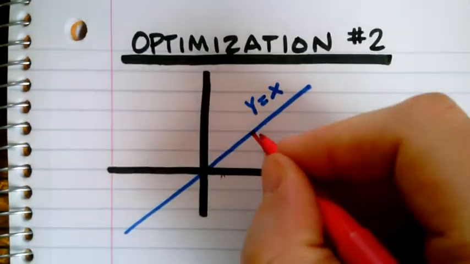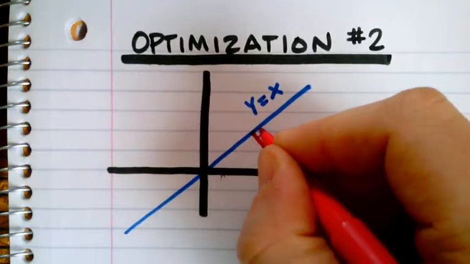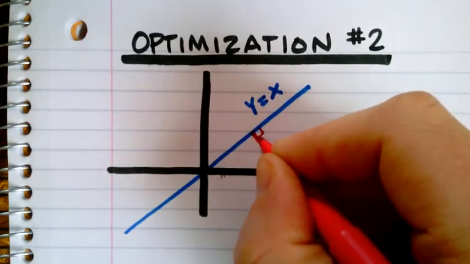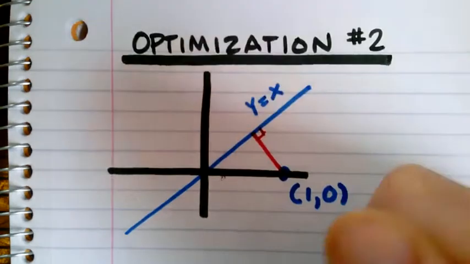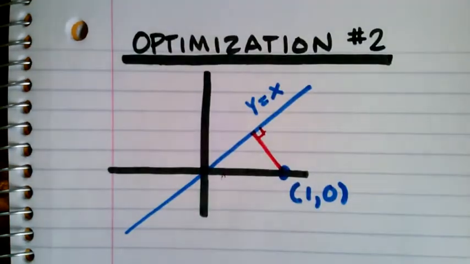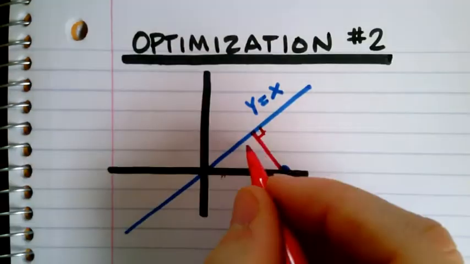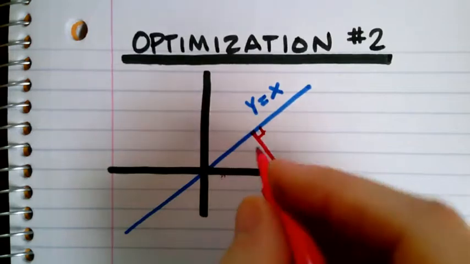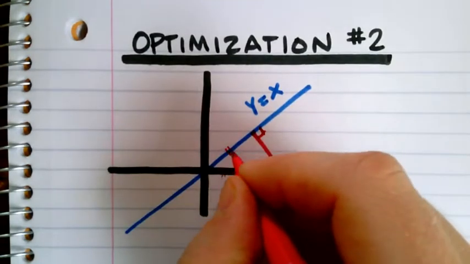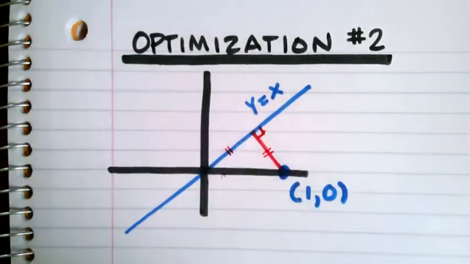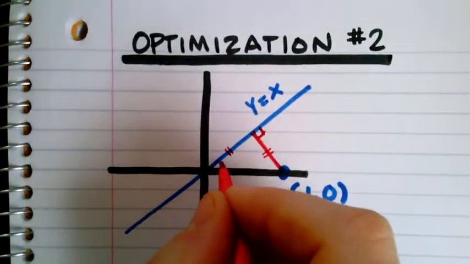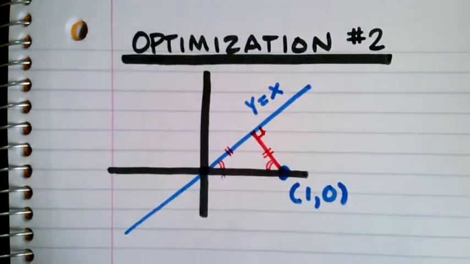And so we know, just because we know a little bit about how geometry works, that this has to be a right angle. It was true in the last one too. And because this has to be a right angle, these distances end up being equal, and these end up being 45 degrees.